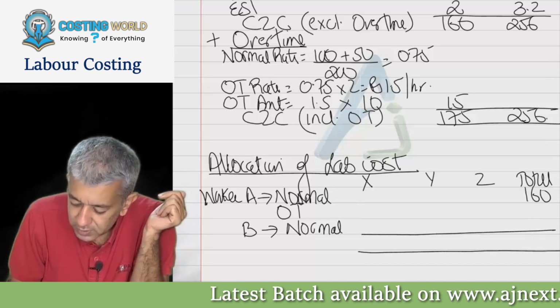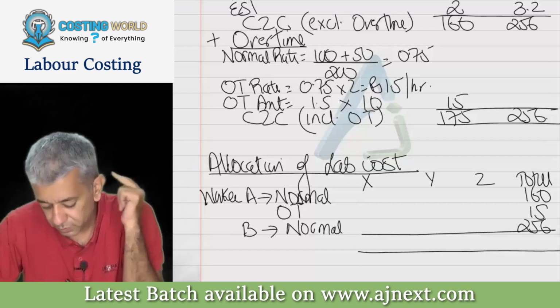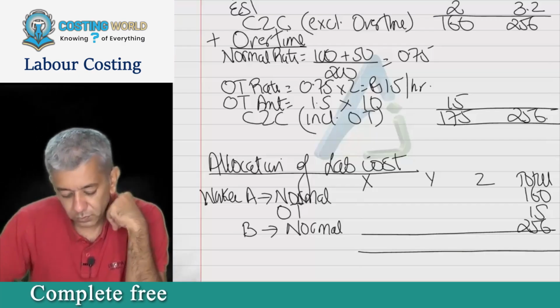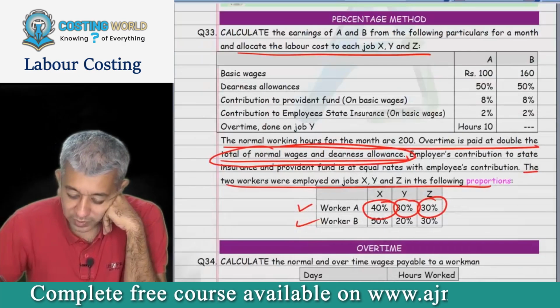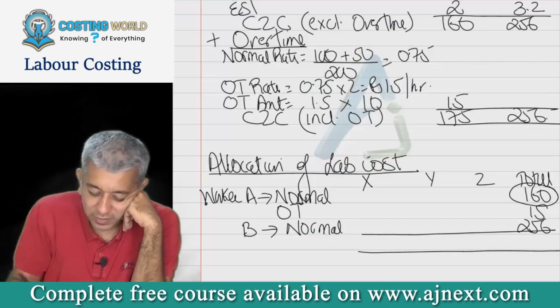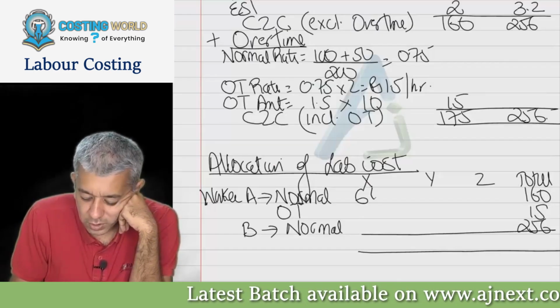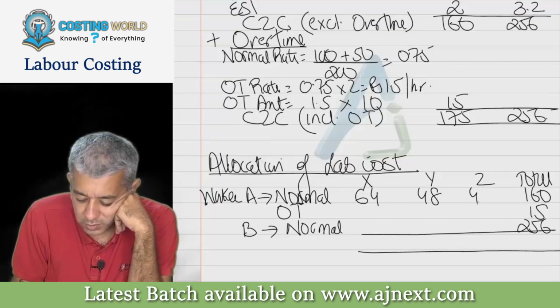So this is 160, this is 15, this is 256. So worker A's normal things will get divided in the ratio of 40, 30, 30. So divide this in the ratio of 40, 30, 30. 40, 64, 48, 48.